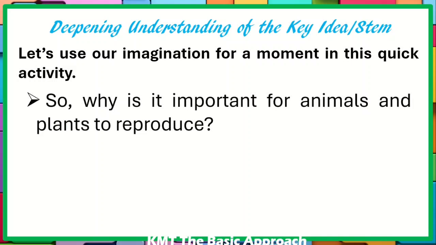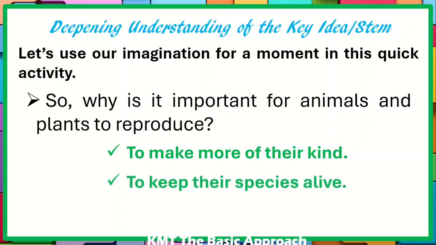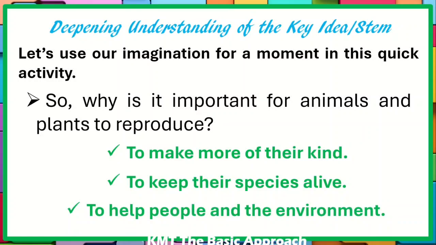So, why is it important for animals and plants to reproduce? Amazing! To make more of their kind, to keep their species alive, and to help people and the environment.